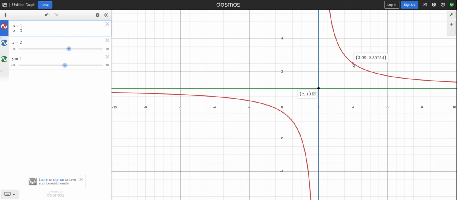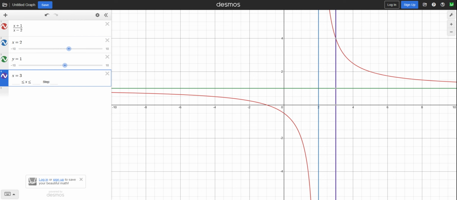And then 4, yeah, 2.5 is not a nice answer. That one is not nice. Let's look at this one. So let's put in x equals 3. And I'm only doing that because I need a nice point.